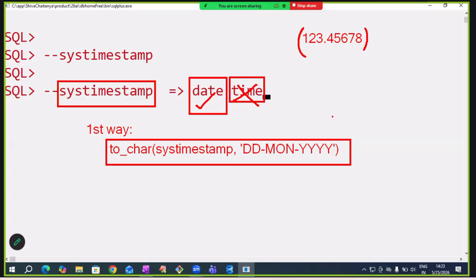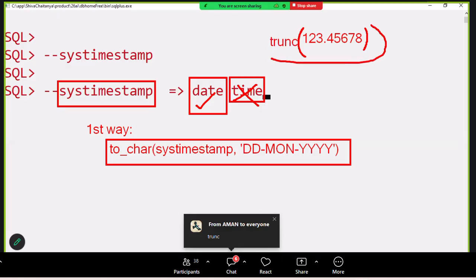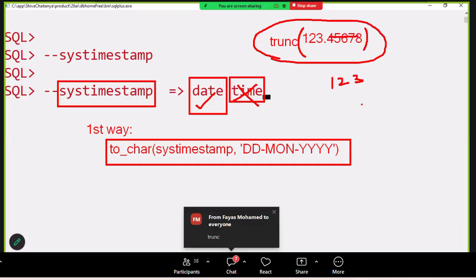To remove decimal places, which function we use? Trunc. Trunc we use. If you write like this, what is it doing? It is removing decimal places. The output we are getting is 123. So to the trunc function, if we pass a number, it removes decimal places.